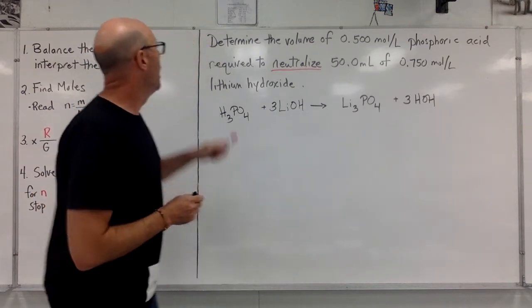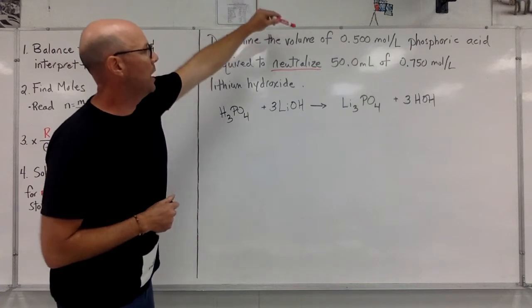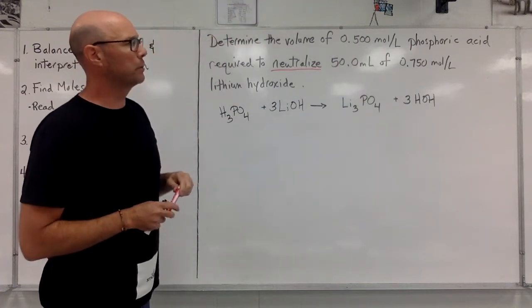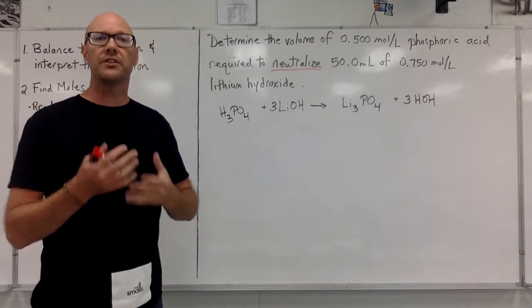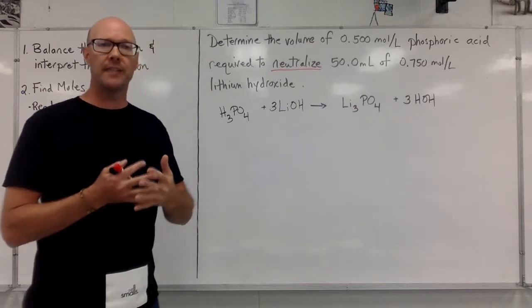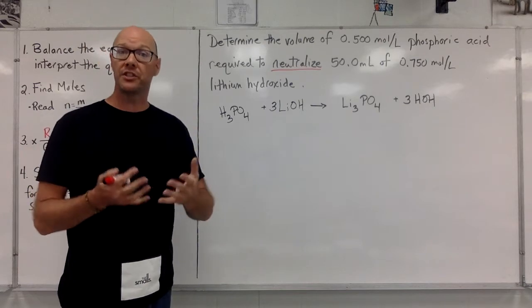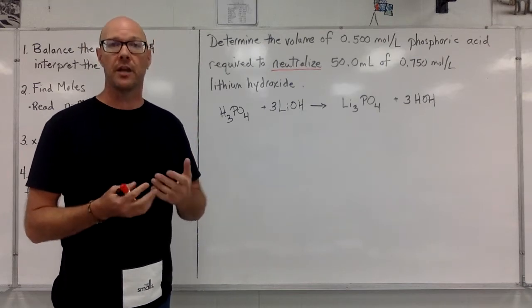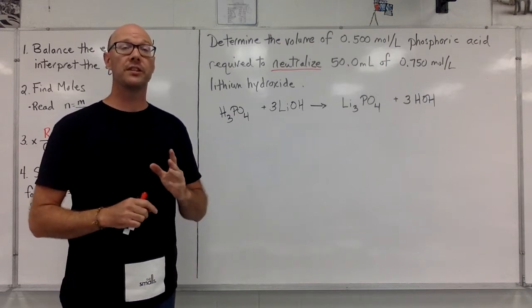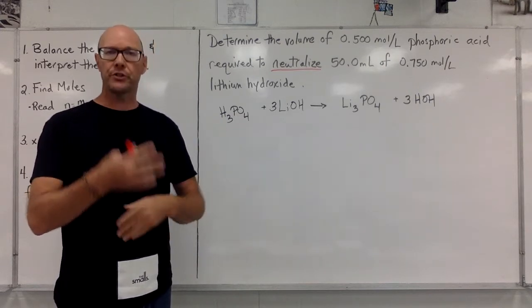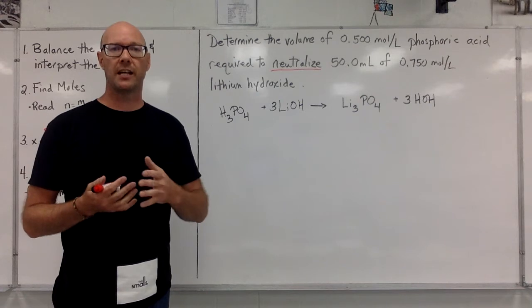Interpret the question. Determine the volume of 0.500 mole per liter phosphoric acid. This is the first time we've seen this style of question, and there is definitely almost a standard way of expressing things, and it's volume of concentration chemical. We're going to see that not every time, but so often it's going to become second nature.